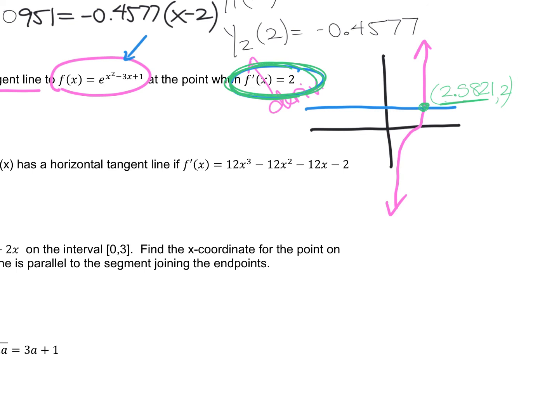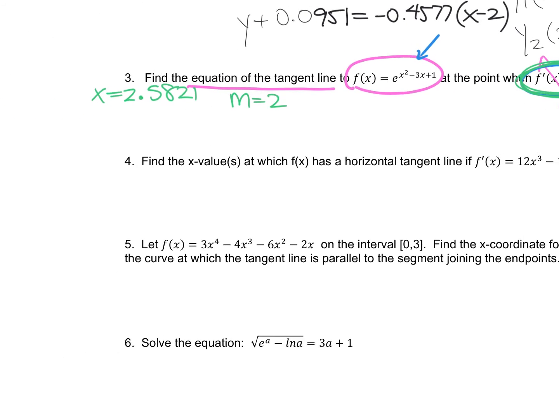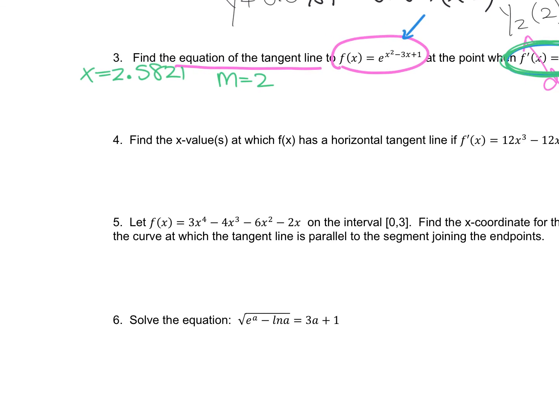Now, this is why we go to 4 decimal places, because we need to be accurate to 3. If I only wrote down 3 decimal places, my y would not be accurate to 3. So y equals 0.924. So my y value is 0.9240 when I round.